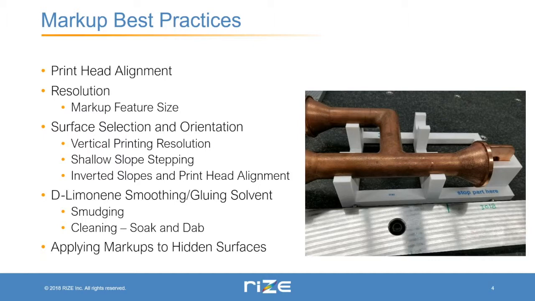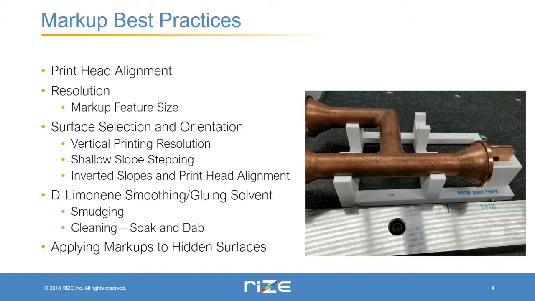Another thing to pay attention to is resolution. So our software has a built-in markup feature that allows you to apply markups onto the surface of parts in software, which can then be translated into the creation of markups on the physical part. And this feature allows you to lower your text font down to a font size of 6, and this will still be legible in most cases.